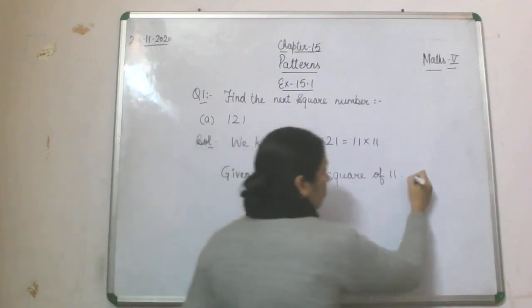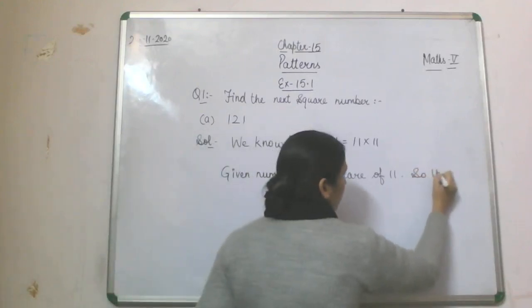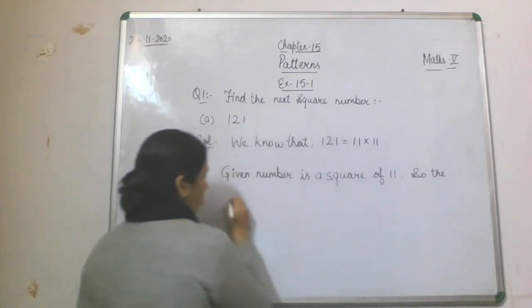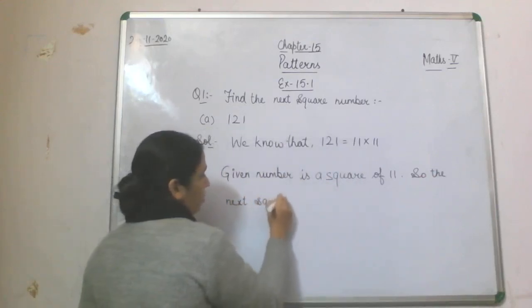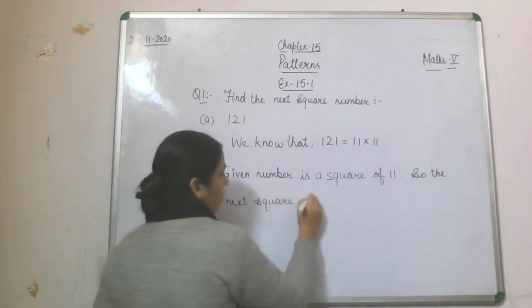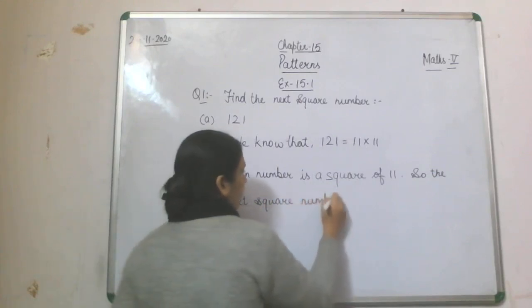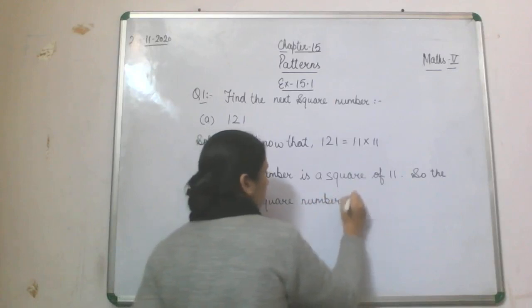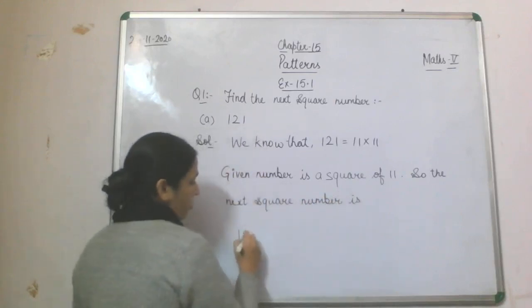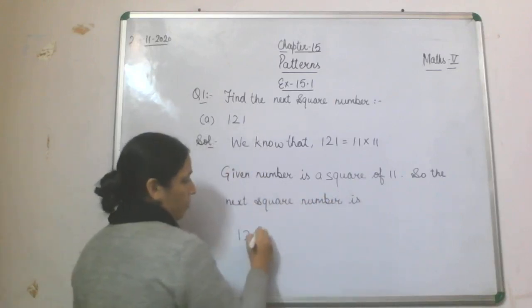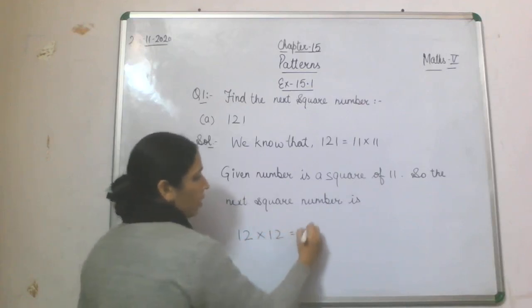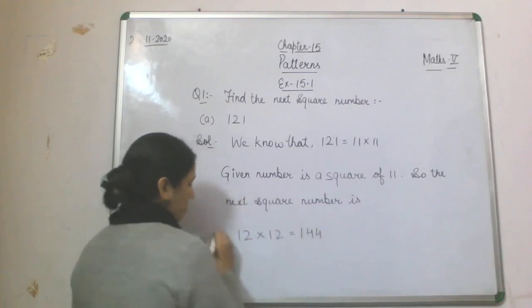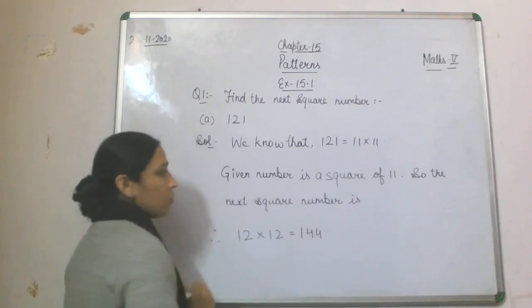So the next square number is that of 12 multiplied by 12, that will become 144.